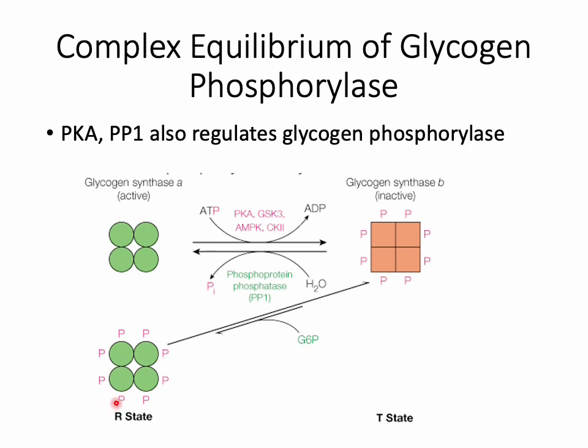Again, this illustrates the concept of distributive control, and that this particular step in glycogen metabolism is influenced by a wide range of different signals coming from a variety of sources, of which protein kinase A is only one of many.